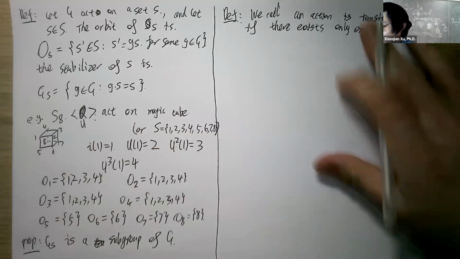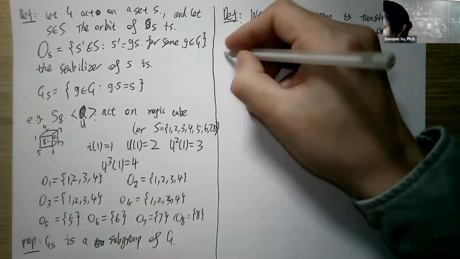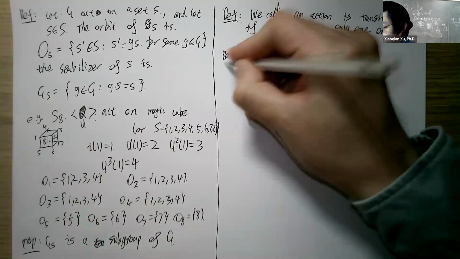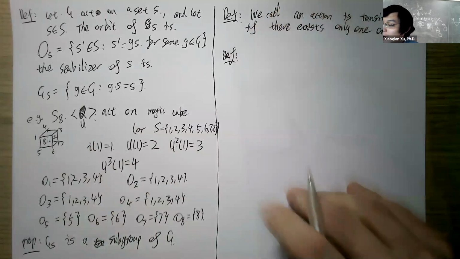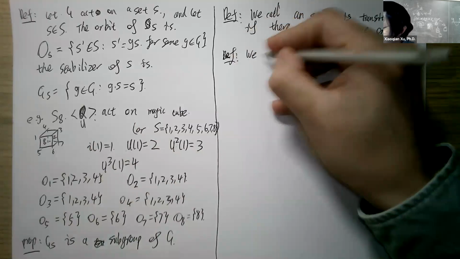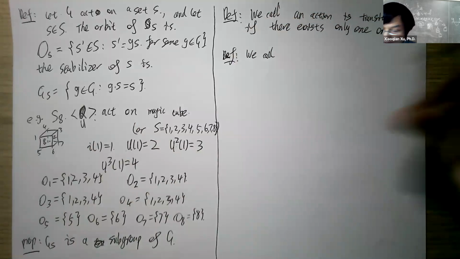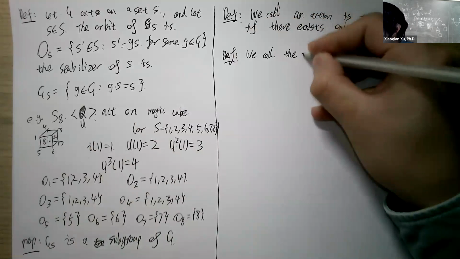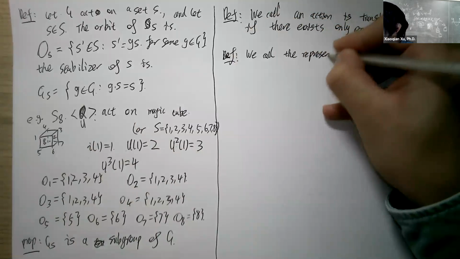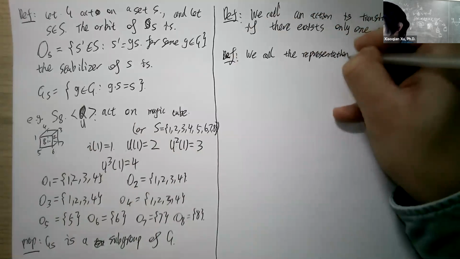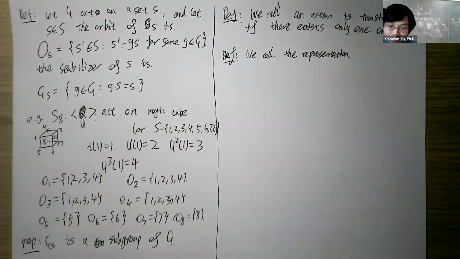And another thing: we call, well, maybe I will not call it an action, let's call it a representation, because it's not only for permutations, it's also for linear groups.